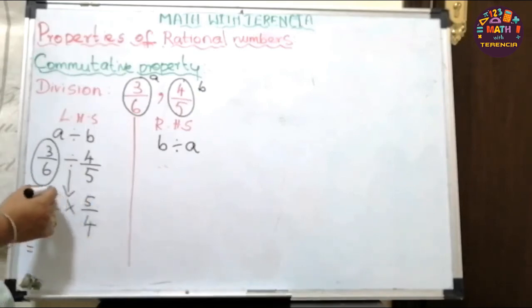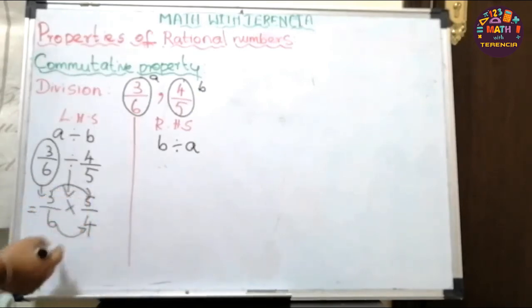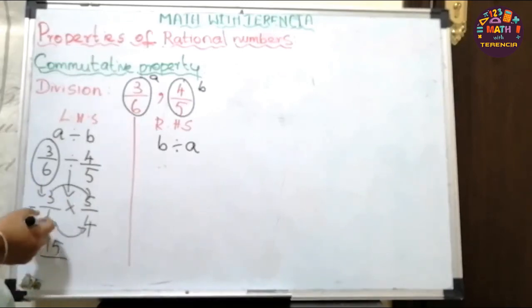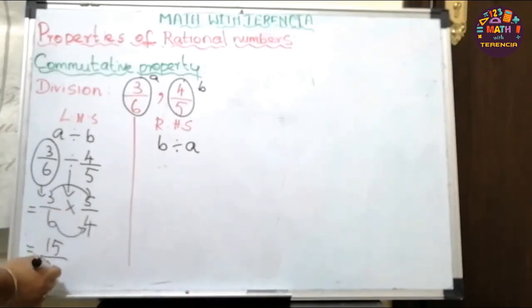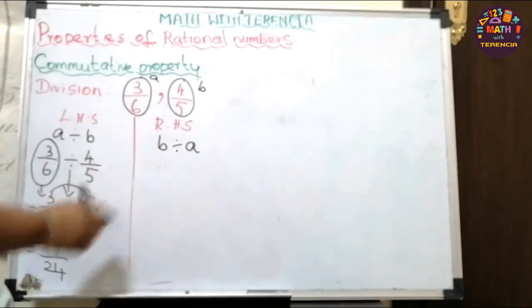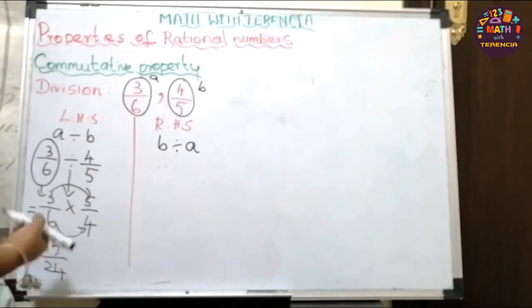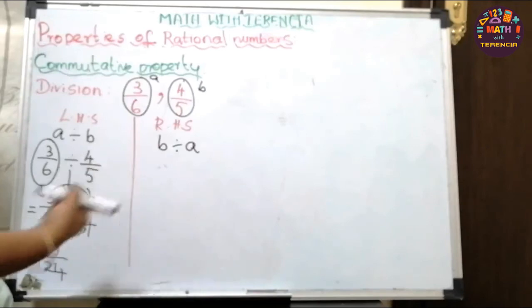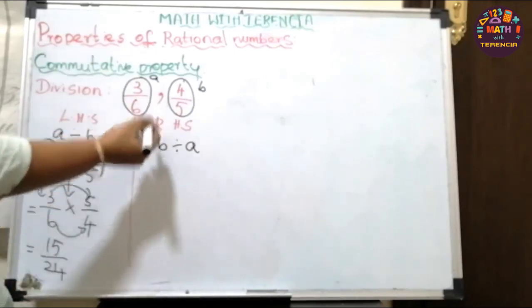Now I can multiply both the numerator and the denominator. 3 times 5, 15 by 6 times 4, 24. It is not necessary to simplify because we are going to only check. If you want, you can change it to standard form.